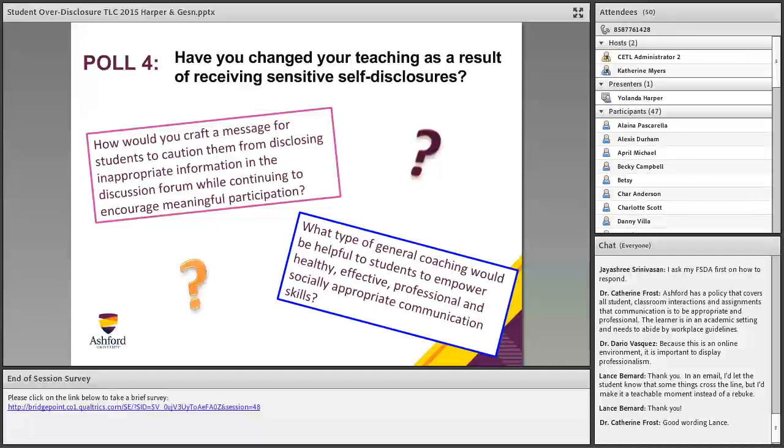So, we heard "trade secrets" was a good phrase, and if a student did want to know more about that, we could provide examples of ways they might disclose or what they might share.